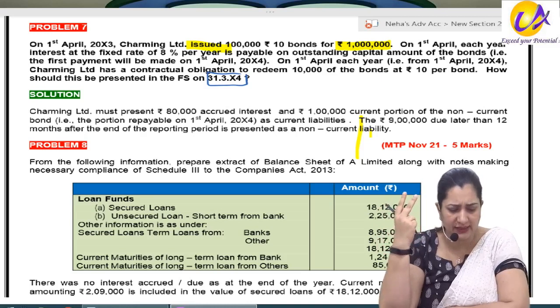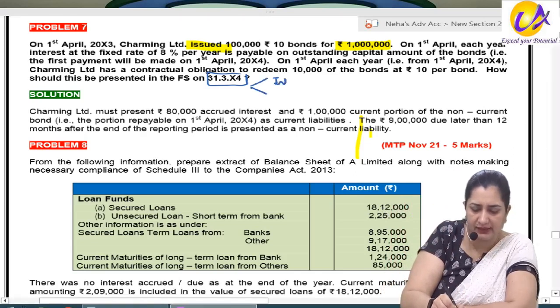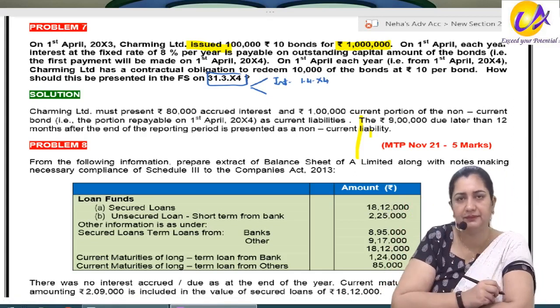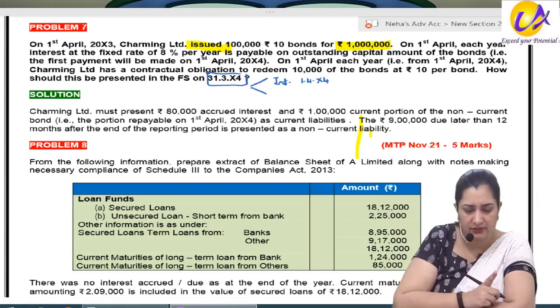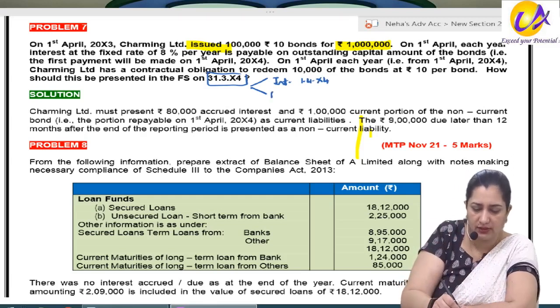So there are two things now which are payable. One is going to be the interest. So 31st March X4, I have to be paying interest on 1st April X4. That is payable. Plus, we have to pay the principal also. Amount payable or redeemable.